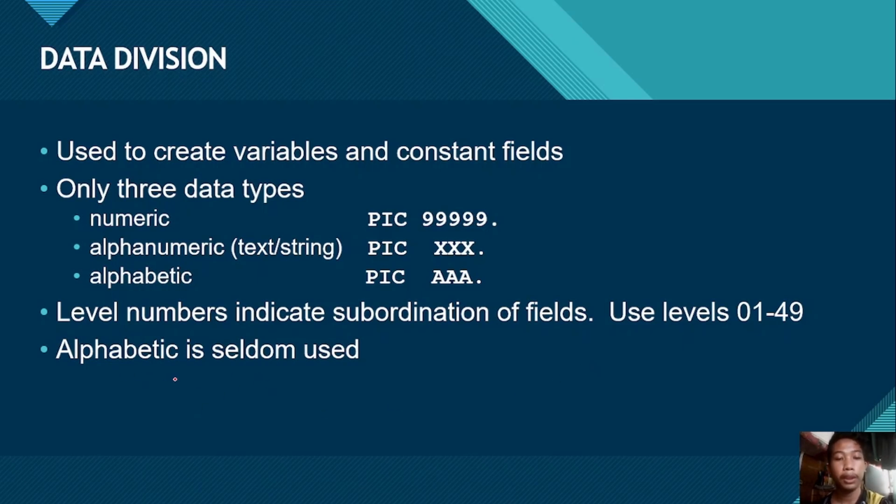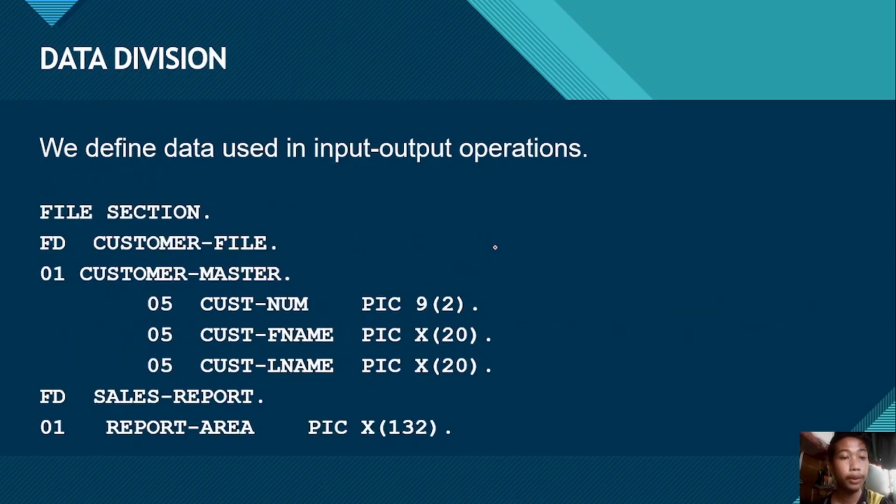Actually, alphabetic is just like using alphanumeric, so I prefer using the alphanumeric. So in this example, we will discuss what the pick or picture clause is, and how we declare these variables. So we define data used in input-output operations.